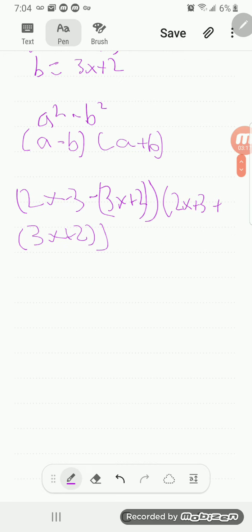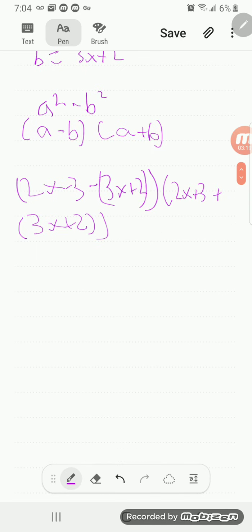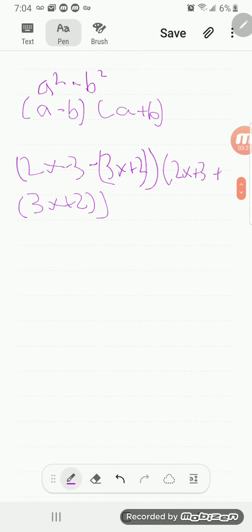And here's the thing that's important. You see this negative right here? When it's a minus b, the negative in front of the second binomial changes everything inside, which is 3x plus 2, into the opposite sign.